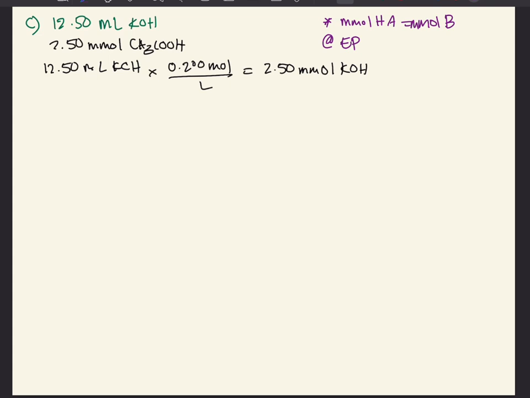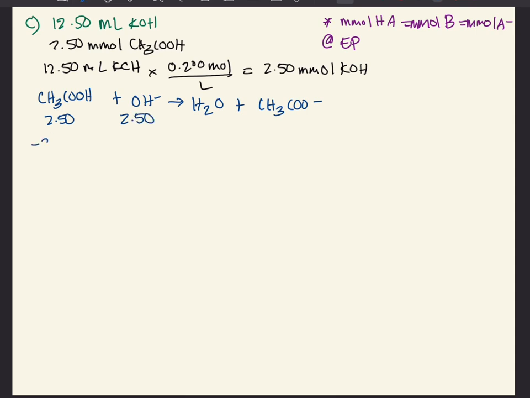Now, if this is the case, then this also has to equal the millimoles of my conjugate base. So let's first look at the neutralization reaction. So with my neutralization reaction, I'm still going to set it up the same. We have acetic acid plus hydroxide, and that is going to yield water plus acetate. So here we have equal amounts of reactants.